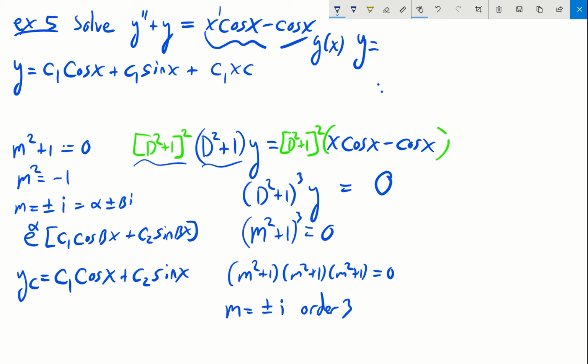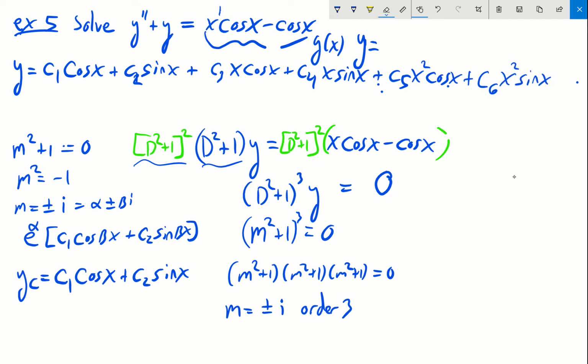So we're going to get c3 x cosine x, not c1, we already used c1, plus c4 x sine x, plus another x. We're going to have c5 x squared cosine x plus c6 x squared sine x. So this is kind of what the overall general solution is going to end up looking like.